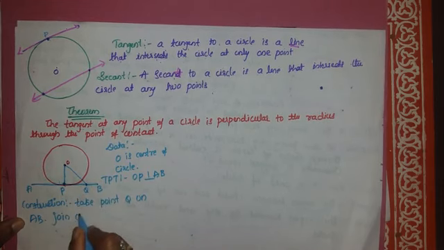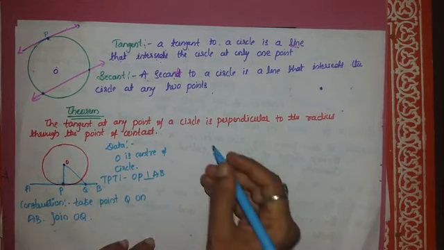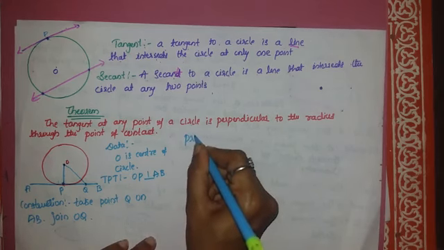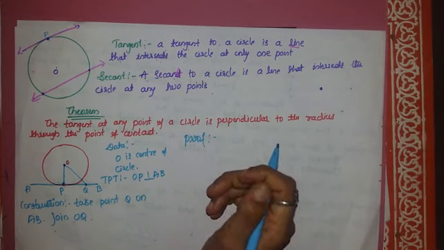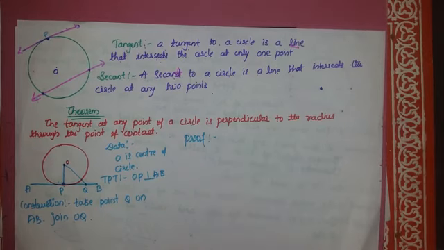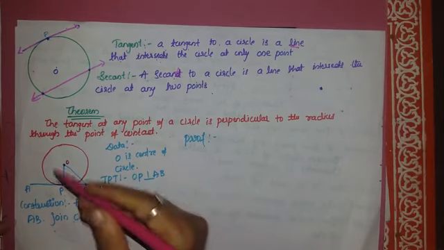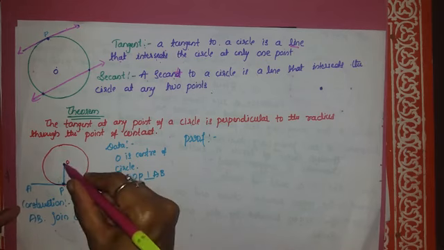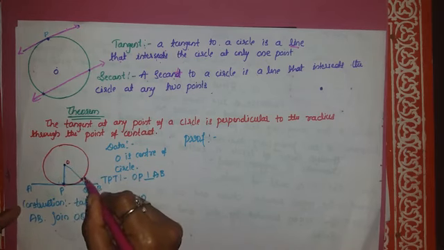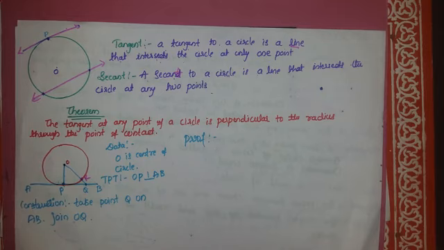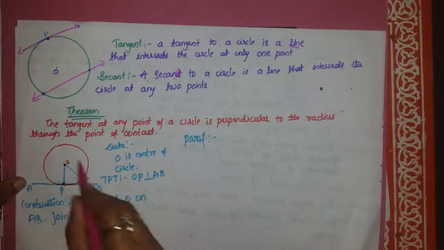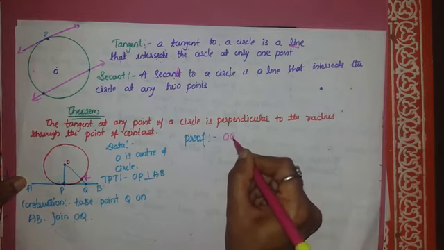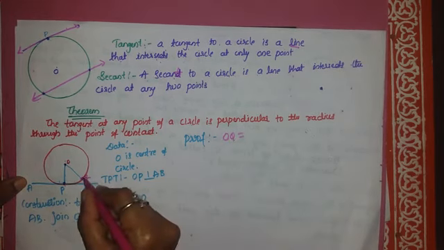Now in the proof, I call this point R. Here, OQ can be written as OR plus RQ.